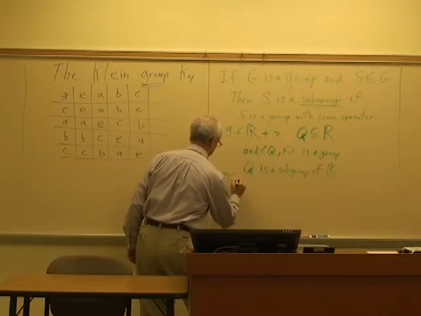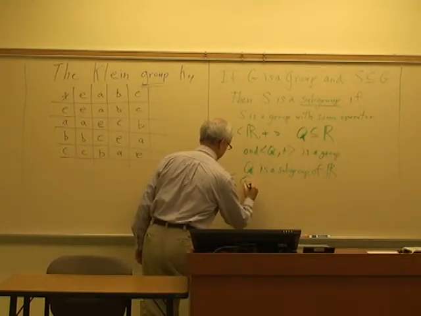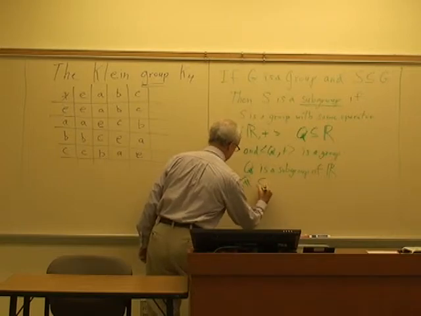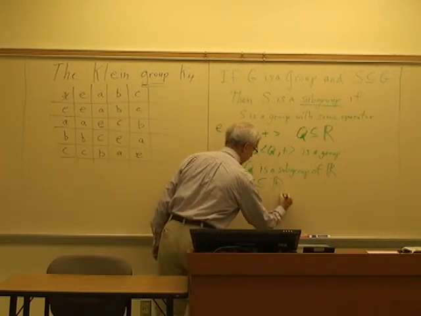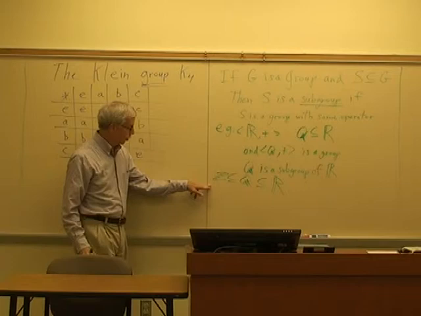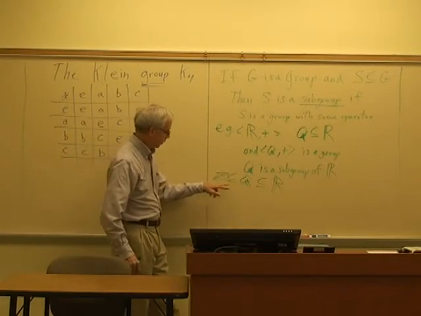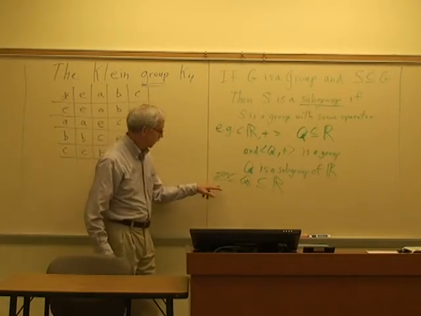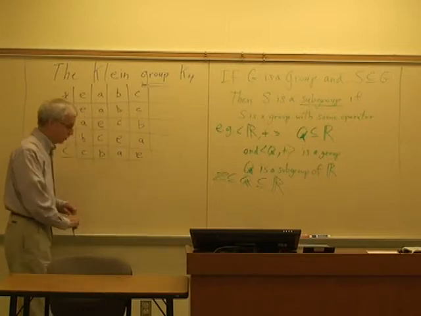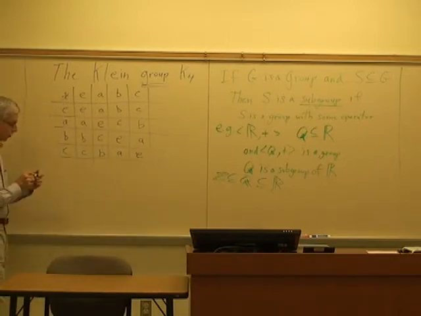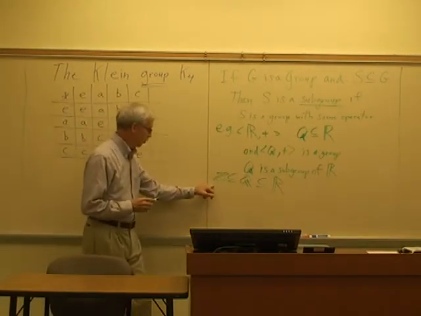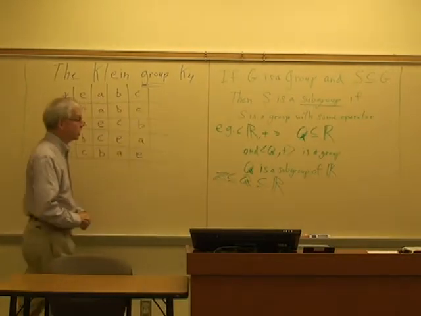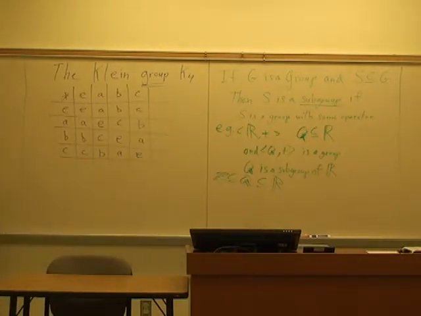Z is contained in Q, is contained in R, and with addition, Z is a subgroup of Q, Q is a subgroup of R, and the integers are also a subgroup of the reals, because the integers are contained in the reals and they are a group with the same operator, addition.